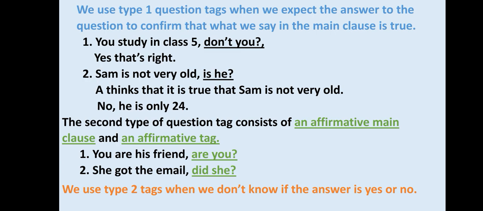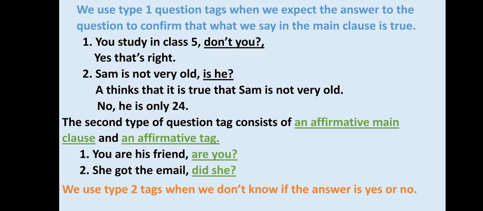So this type of tag, where the main clause is affirmative and the tag is negative, or the main clause is negative and the tag is affirmative, we use when we expect the answer to the question to confirm that what we say in the main clause is true. It means the speaker already knows that the fact is true, only he wants to confirm the same.